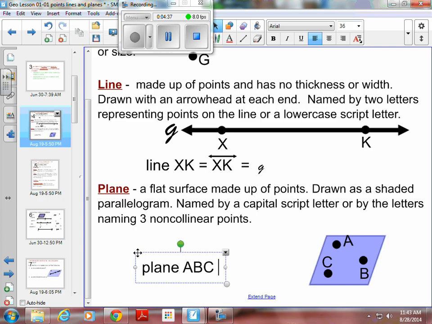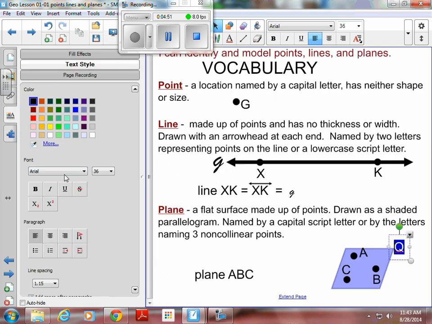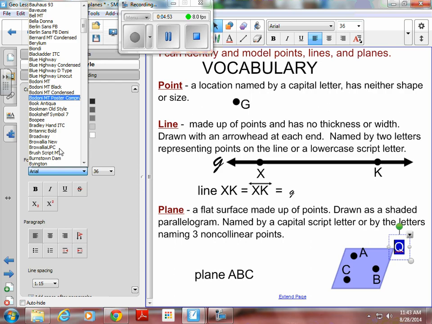Or I can call it by 1 letter. Planes are labeled by a capital letter. So what's a good letter? Let's go with Q and see what capital Q looks like. Again, brush script.